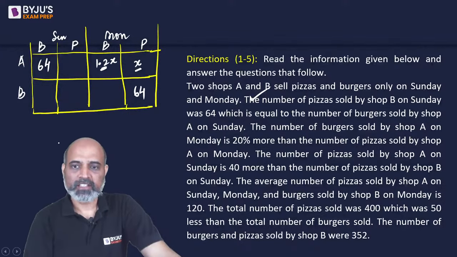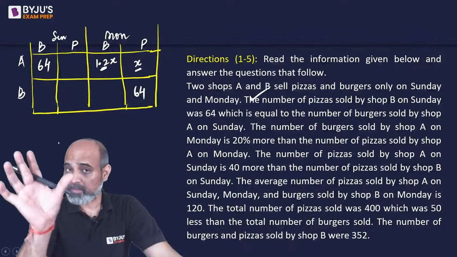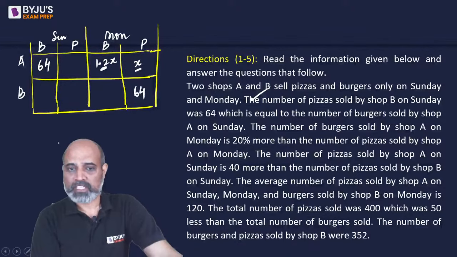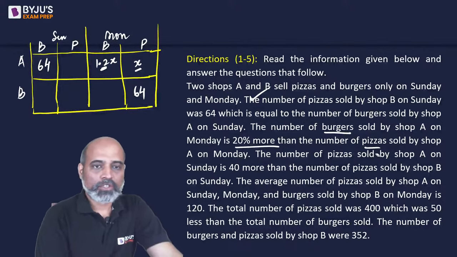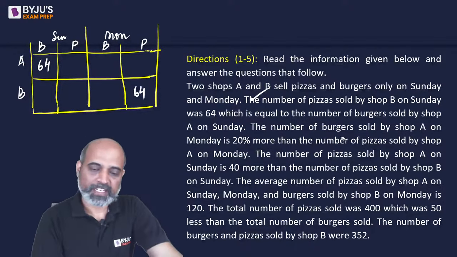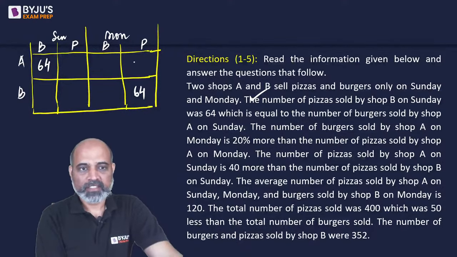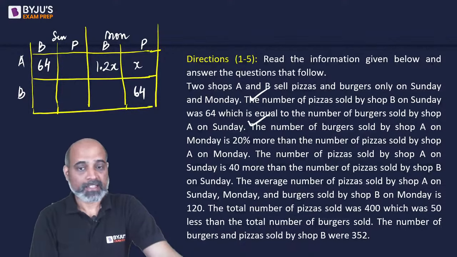It's 20% more, right? Both are shop A and both are talking about Monday. So shop A, Monday are these two sales. There is a relation between burgers and pizzas such that burgers is 20% more than pizzas, right? So X and 1.2x. You have to be very careful while reading this. I will also try to be as careful as possible. Okay, so we are done with the second statement.